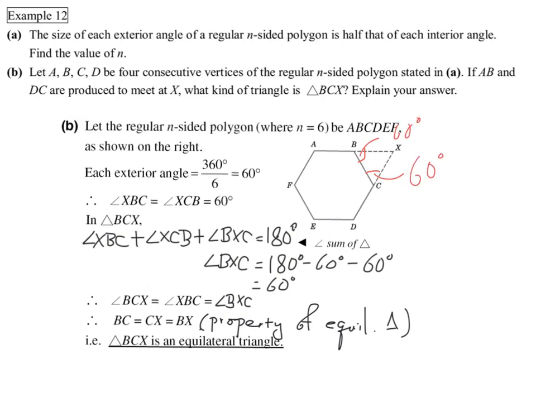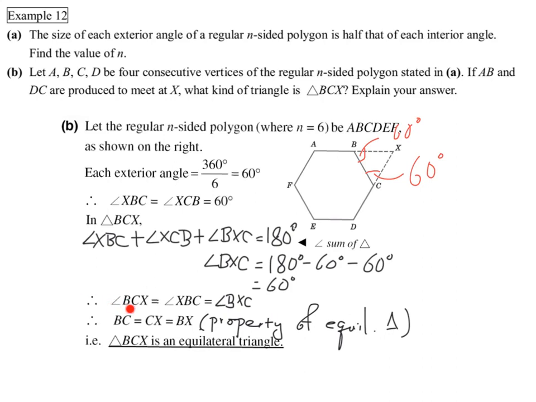Then you can find the angle sum of the triangle by looking at this triangle. Using angle sum of triangle, you can find this angle as well, and you will find that the angle is also equal to 60 degrees.